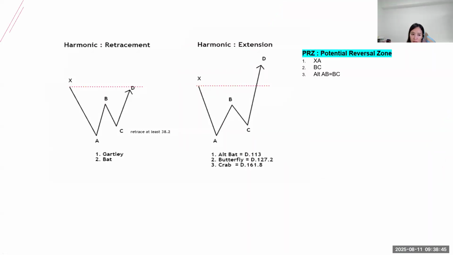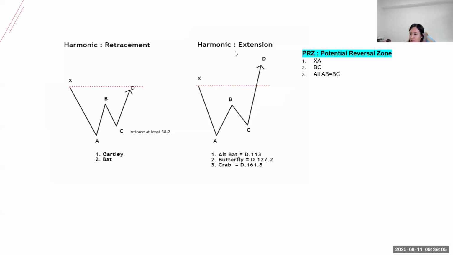For the harmonic patterns that are retracement, we have the Gartley, meaning that D does not go above the X level, or X leg, and the Bat pattern as well.